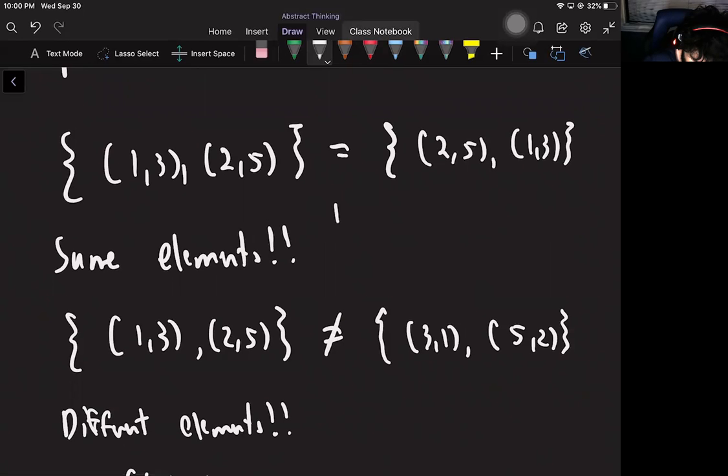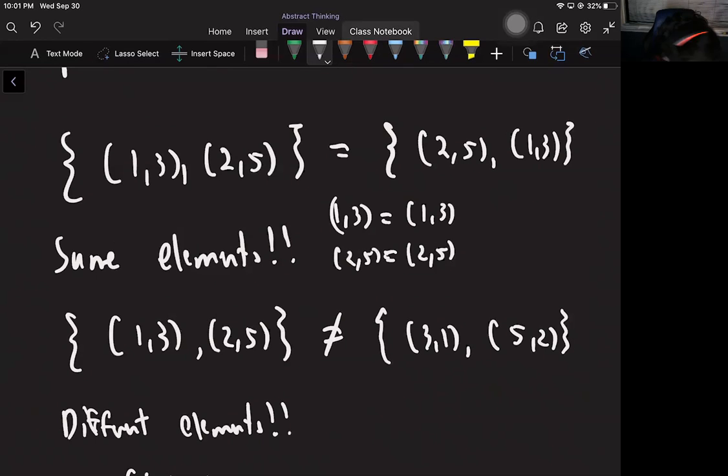Here, (1, 3) doesn't need to be equal to (2, 5). They don't have to be in the same order. It just has to equal something on the other side, and it does. And then the (2, 5) also needs to equal something on the other side, and it does. So they have the same exact elements. They don't have to be in the same order. They just have to be the same elements.